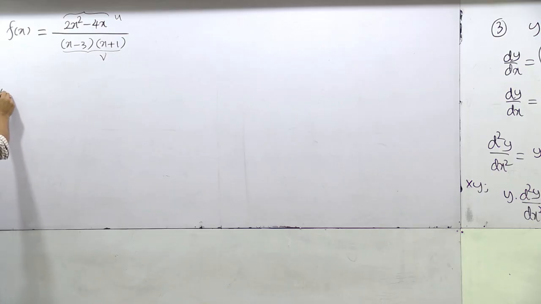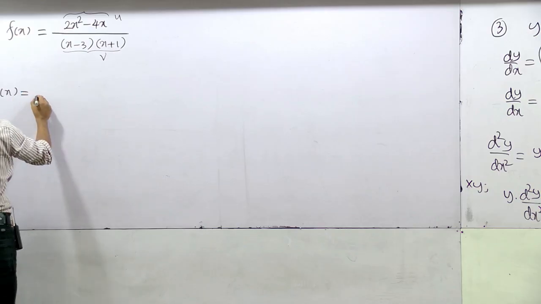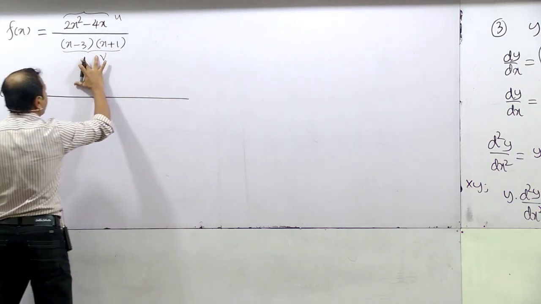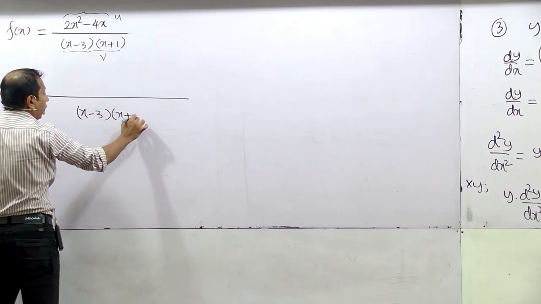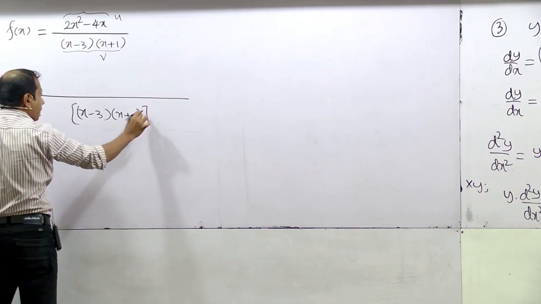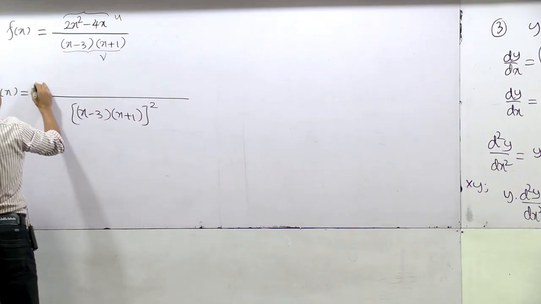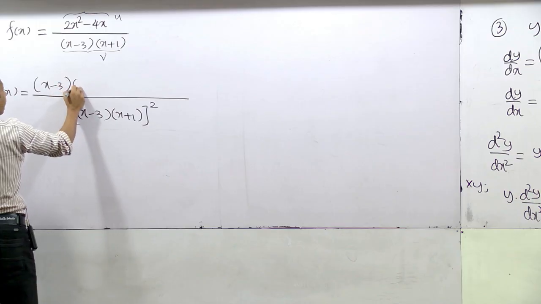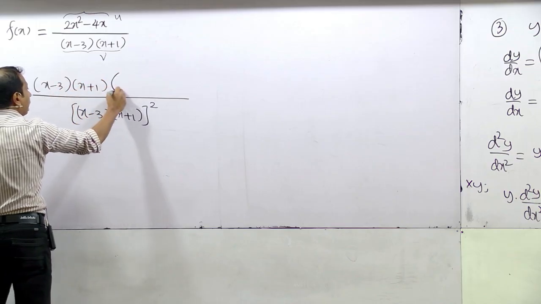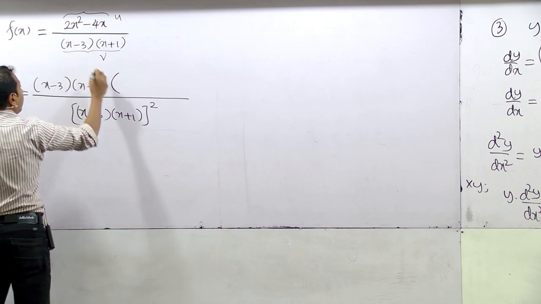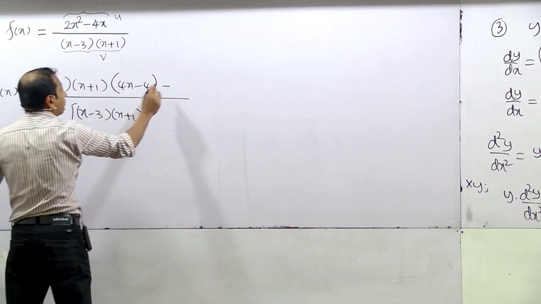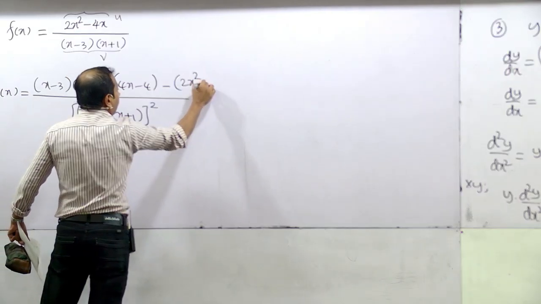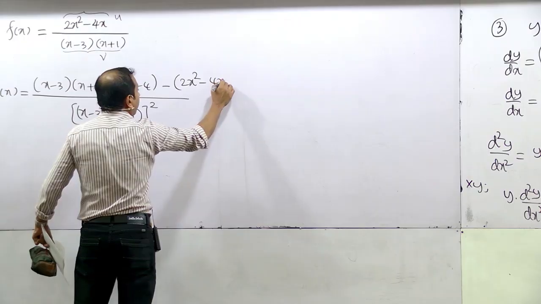We know how to differentiate this. The denominator is ((x − 3)(x + 1))², the same thing coming at the beginning, multiplied by the derivative of the numerator, 4x − 4, minus, then keep 2x² − 4x.